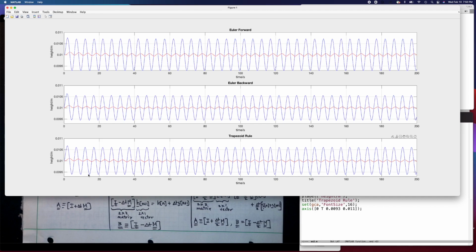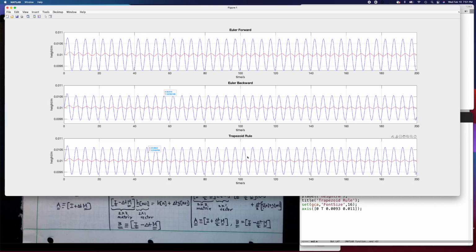So these two, the lows in these two cases, match more closely, but this one appears to underestimate the amplitude a little bit of the oscillation compared to the trapezoid rule. On the upper side, this one also appears to underestimate. And this one seems to be somewhere in the middle. So there's a big, smaller, and midpoint kind of amplitude.